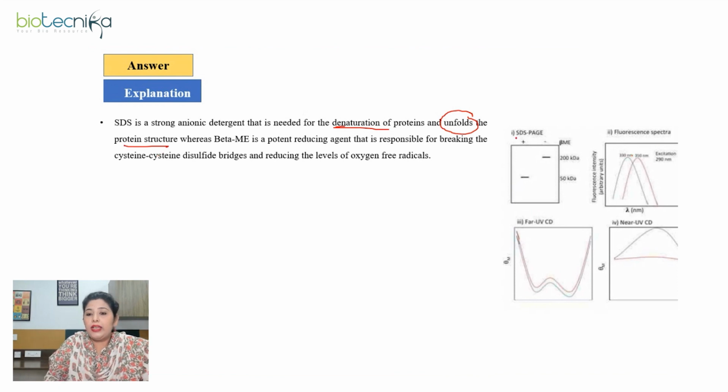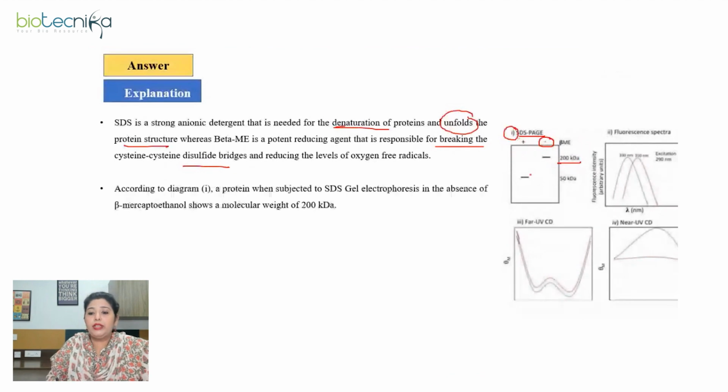In the first figure, with and without mercaptoethanol, what is the role of beta mercaptoethanol? It is a reducing agent responsible for breaking the disulfide bridges. Here you can see that when beta mercaptoethanol is not used, we get one single band of 200 kilodalton. However, when we use beta mercaptoethanol, we get a single band of 50 kilodalton.